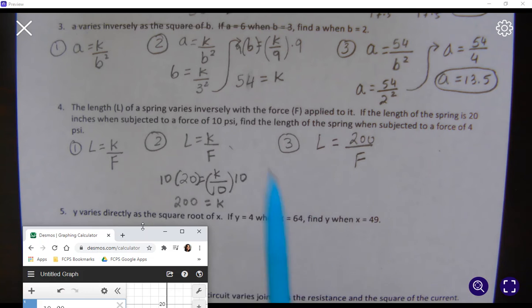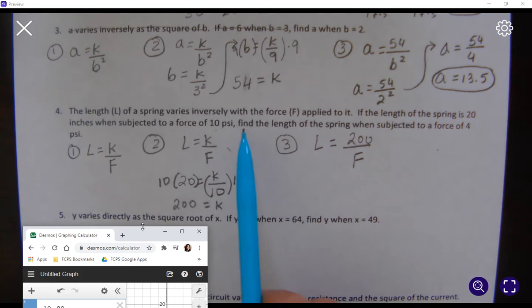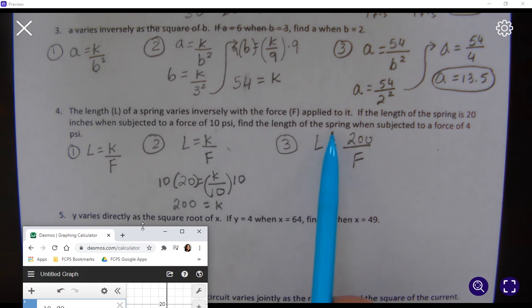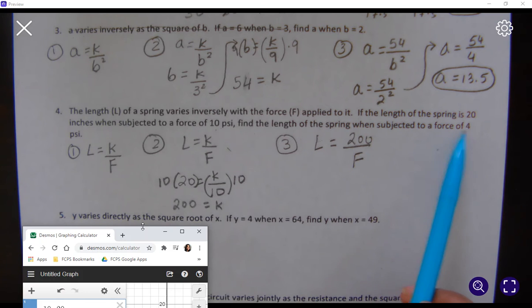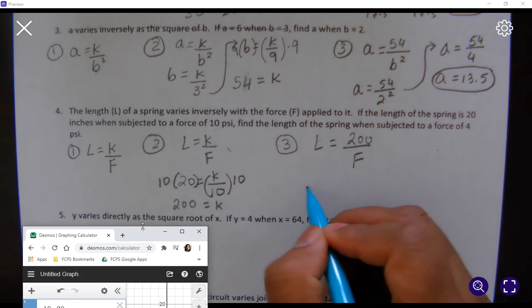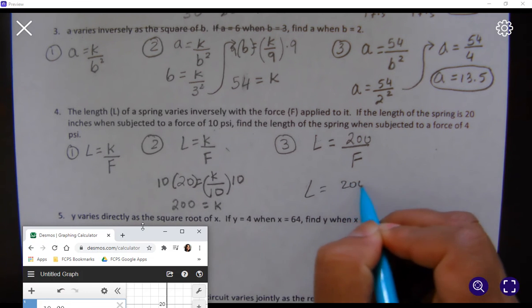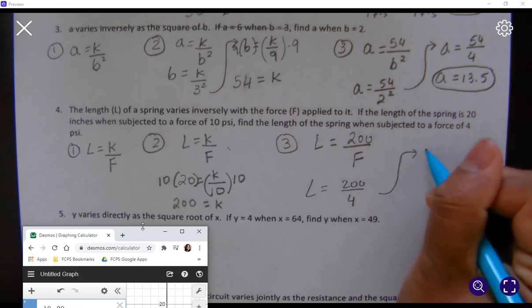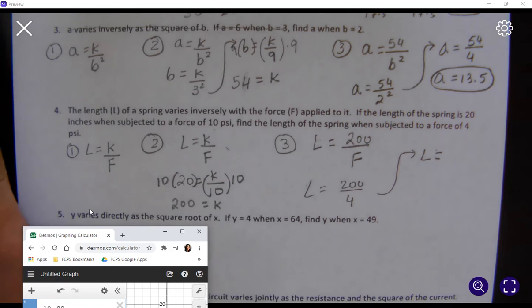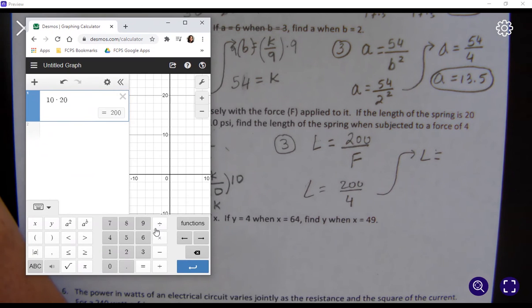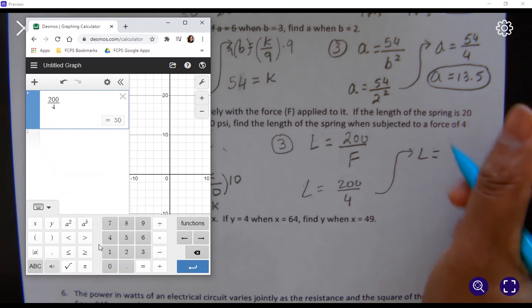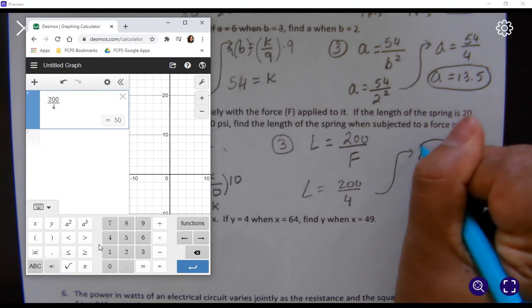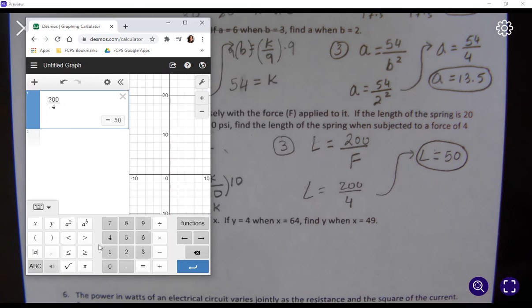And now let me read the rest of the problem. It says find the length of the spring when subjected to a force of 4. So now I'm going to substitute 4 in here. And so you have L equals 200 divided by 4. It's 50. And that is my answer.